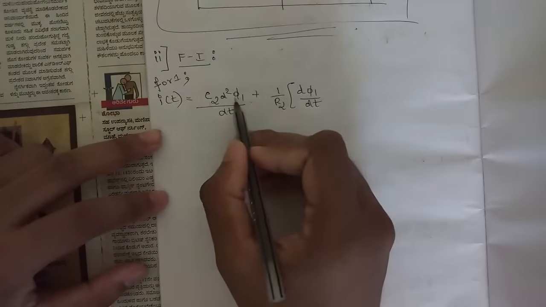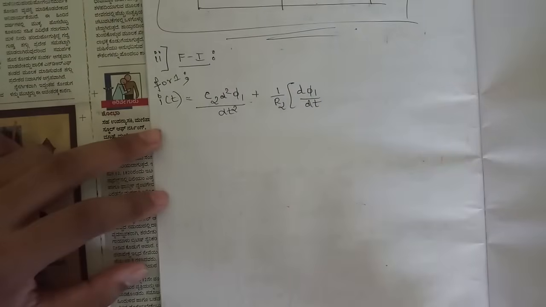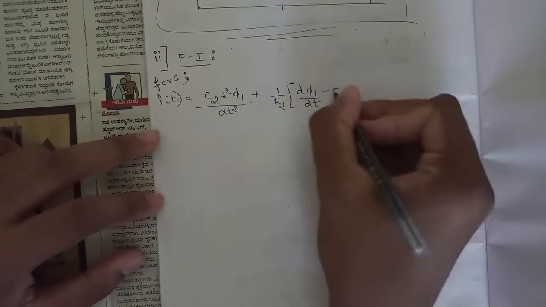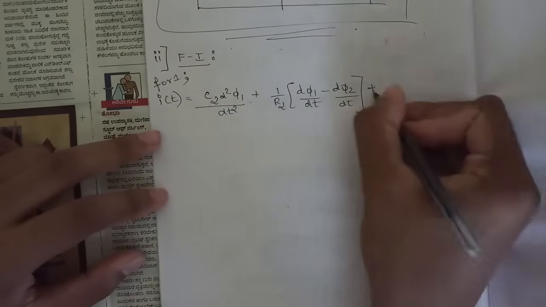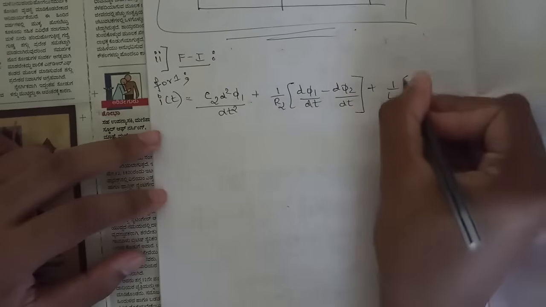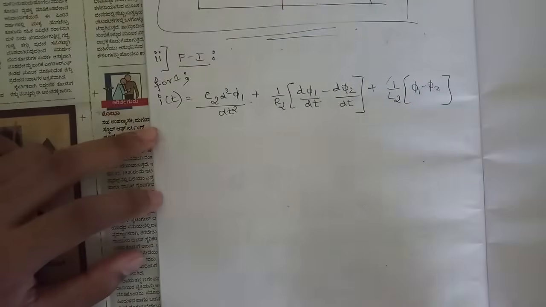Here displacement is replaced by phi. I am repeating it again and again, so you should not forget it. Minus d phi 2 by dt plus 1 by L2 phi 1 minus phi 2. K is replaced by 1 by L.